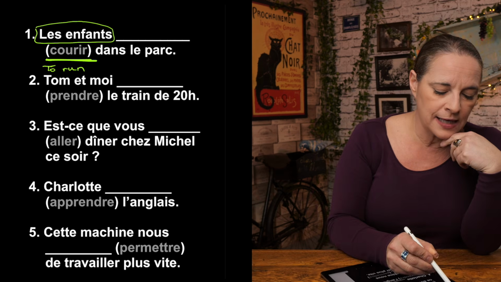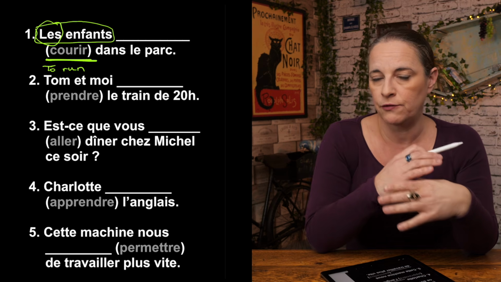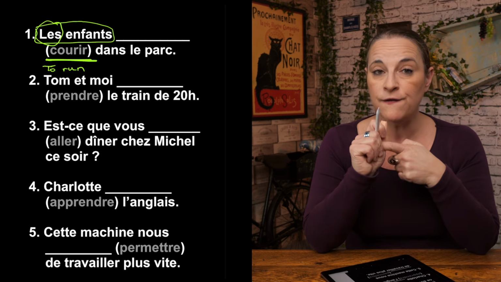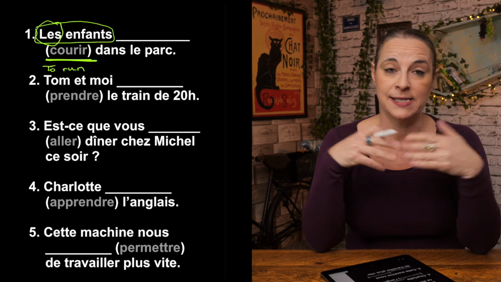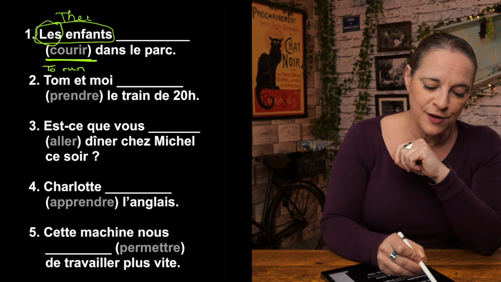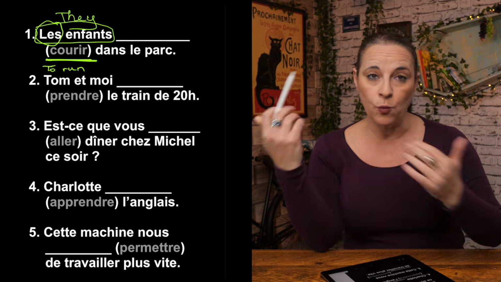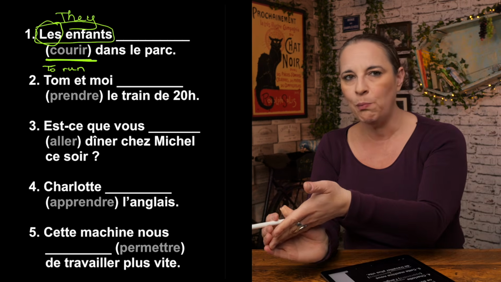Well, because it has les, we know it's a plural, so it has to belong to the category of the plural subject pronoun. Either nous, which is we, vous, which is you, ils or elles with an S, which means they. Les enfants definitely belongs to the they category here. So they run. And where do they run? In the park. Dans le parc.